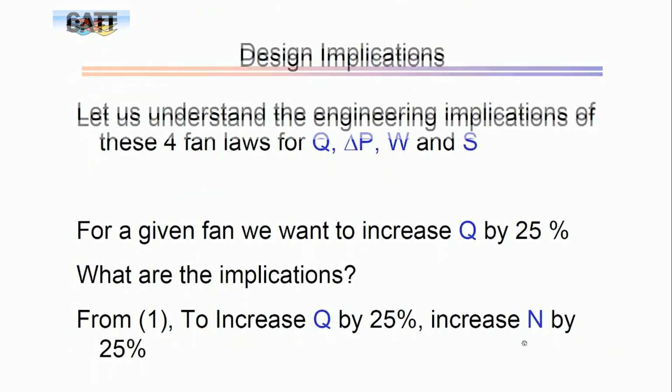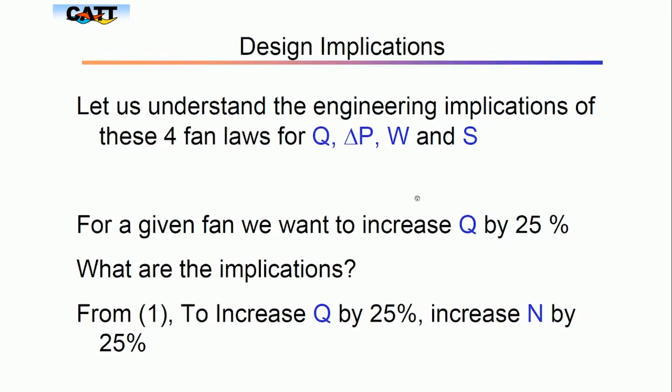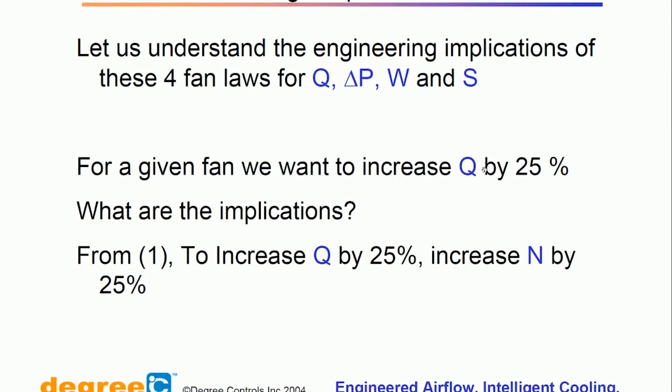Okay. Next is engineering implementation or the 4 fan laws for sound, then the total amount of discharge, total amount of power dissipation, and then total amount of static pressure. We want to increase the discharge by 25%.